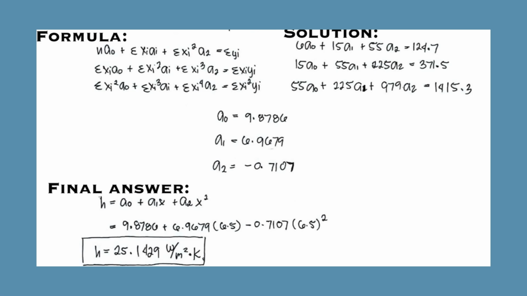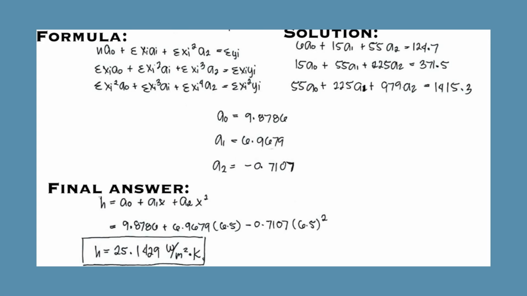And next is summation x sub i a sub 0 plus summation x sub i squared a sub 1 plus summation x sub i cubed a sub 2 is equal to summation x sub i y sub i, and so on.